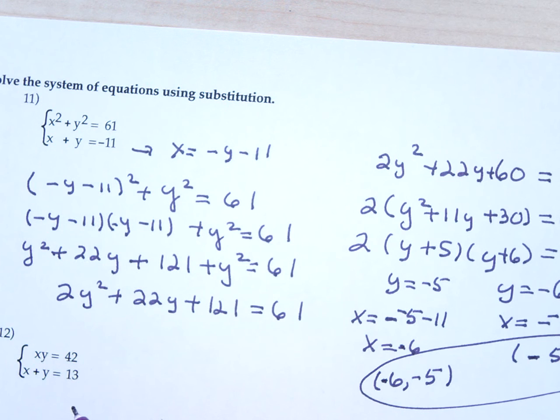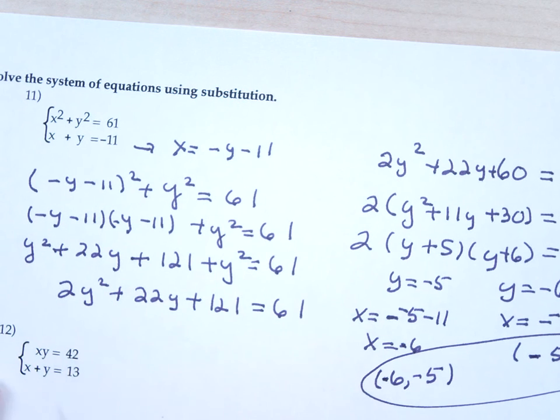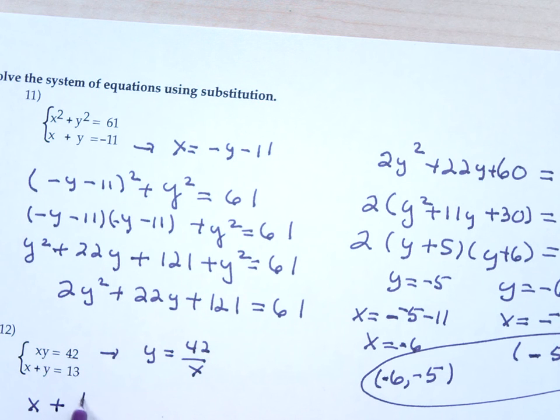Two ways to go with this. I'm going to go the harder of the two because that's where you guys have problems. Y is 42 over x. So that says that x plus y, 42 over x, equals 13.